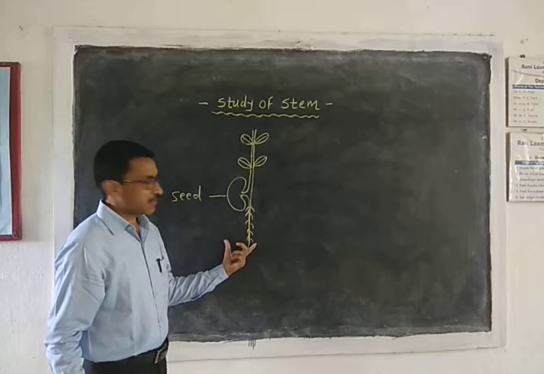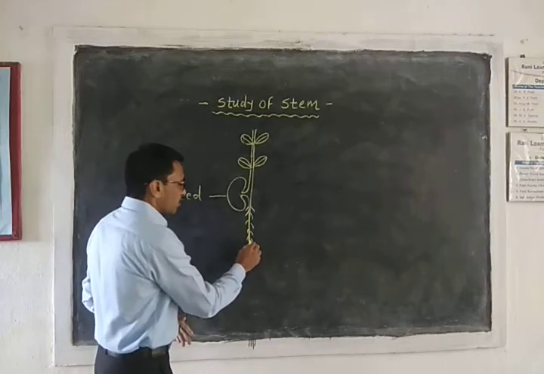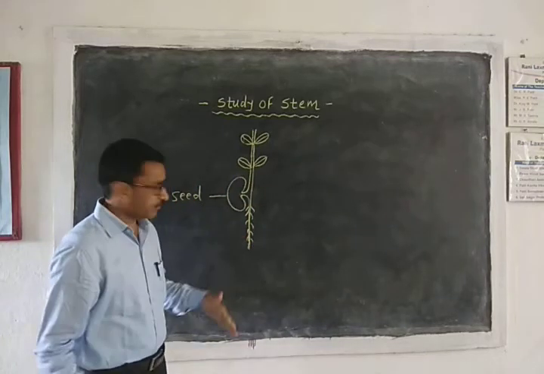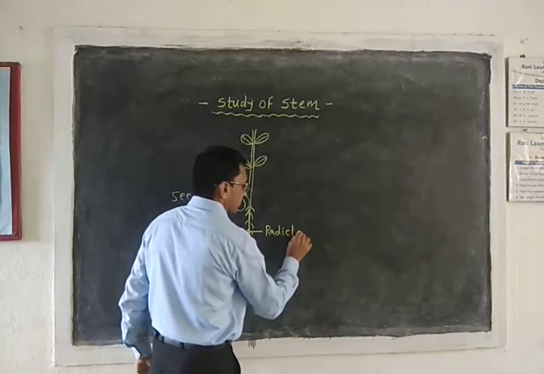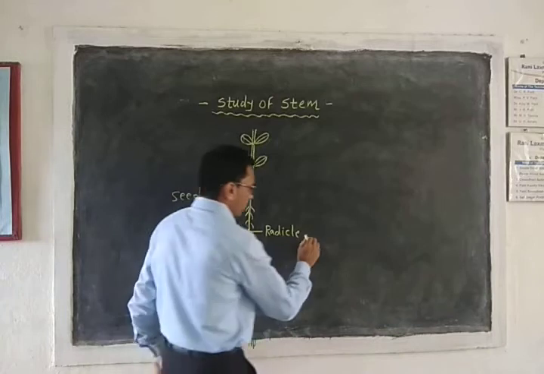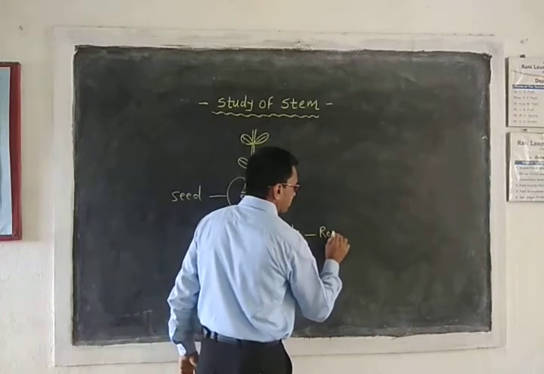It produces two parts. One part grows towards the soil. That is called radicle. From the radicle, root system is formed.